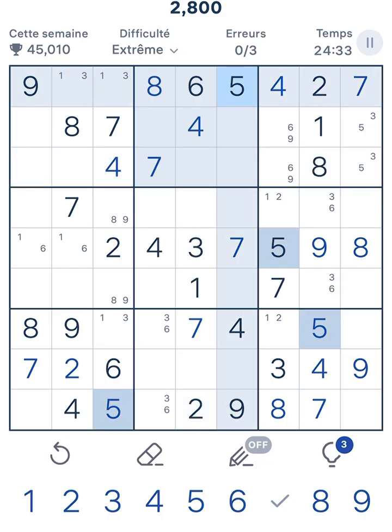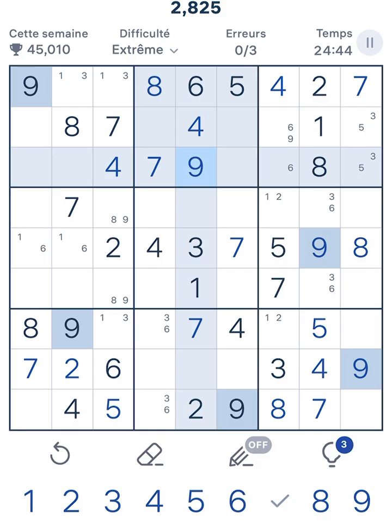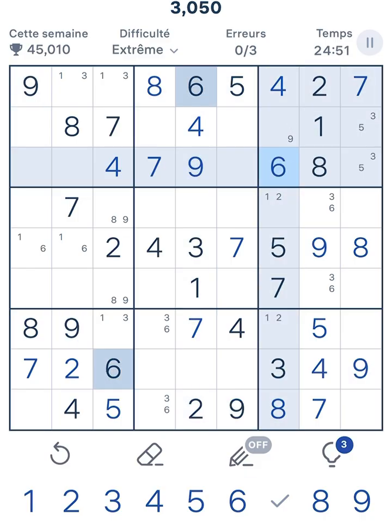Since in this square we have 5, 5 cannot be here. 8 is here, and here as well. We cannot have it here. The only option that is left is 9. Here we see that since 9 is here, only 6 can be written here.